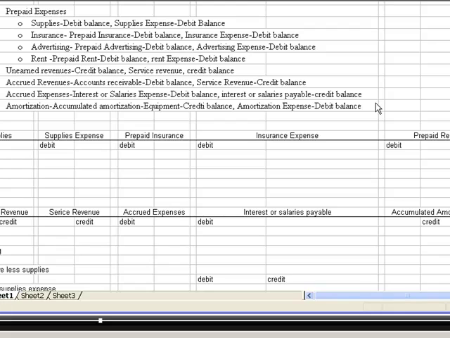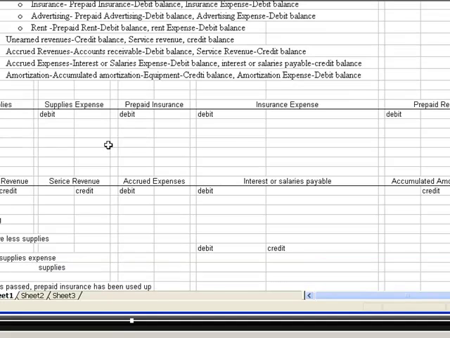So we need to set up some kind of an account saying we owe you this much money, and we've incurred this expense. The last one, as far as an adjusting entry is concerned, is amortization, right? Depreciation. So our stuff, our equipment, our cars may not be worth what they used to be, and we need to account for that. So I've listed here what the ordinary balances are for all of these things.